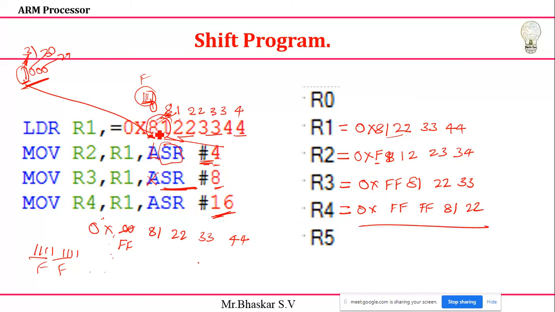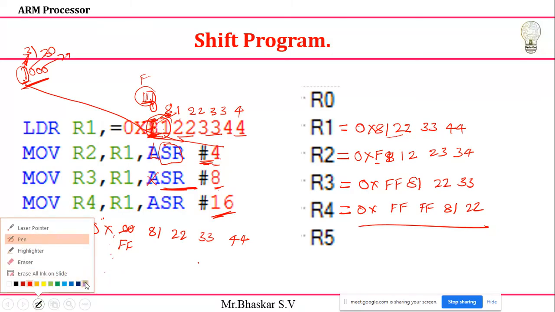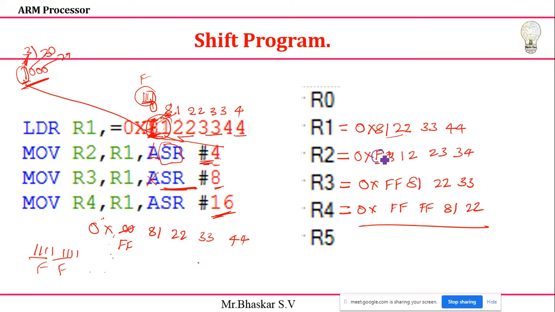Suppose instead of 8 you have a 7. What is the major change here? You have 7 1 2 2. What is the value here? Instead of F, everywhere you will get zeros. Because 7 is nothing but 0 1 1 1, right? 0 1 1 1 means the MSB is 0.